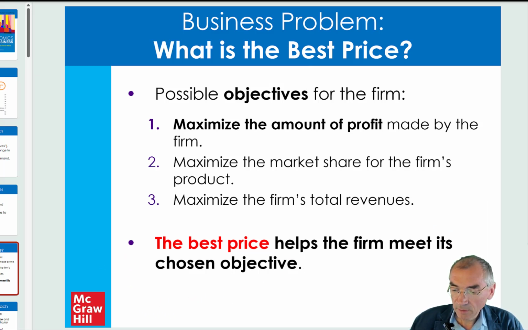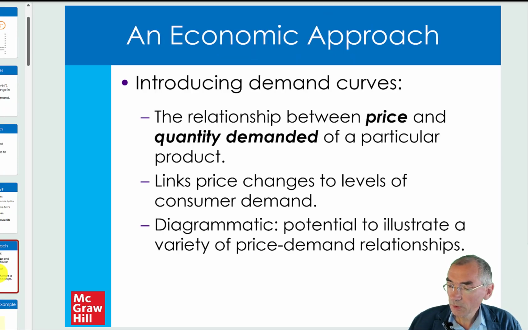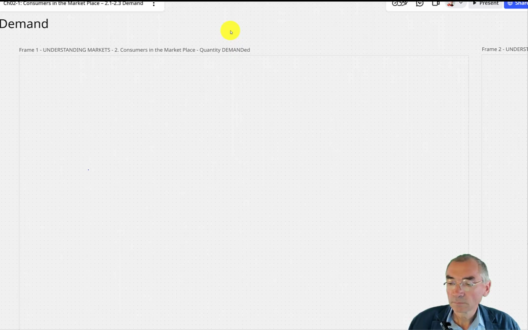So let's keep this basic assumption with us when we go to our board and talk about a demand function that basically describes the relation between price and quantity demanded, but also other determinants of demand.